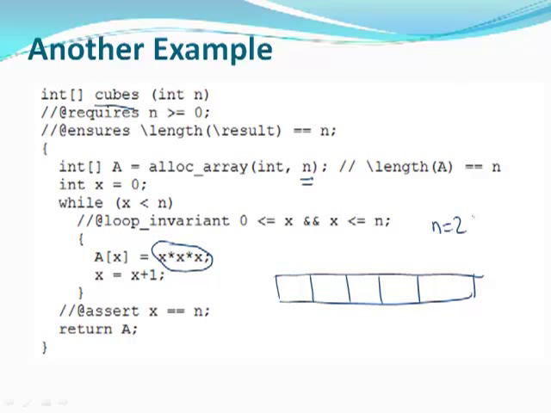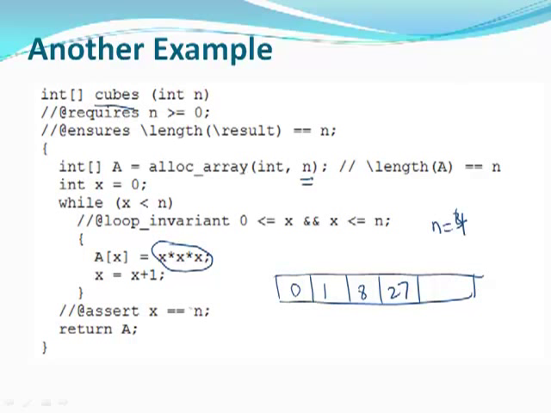If n is 2, you're going to get 0 and 1. If n is 3, you're going to get the first 3 cubes: 0, 1, 8. If n is 4, you're going to get the first 4 cubes: 0, 1, 8, 16. Actually, that's not 16, right? 3 to the power of 3, that's going to be 27, and so on.